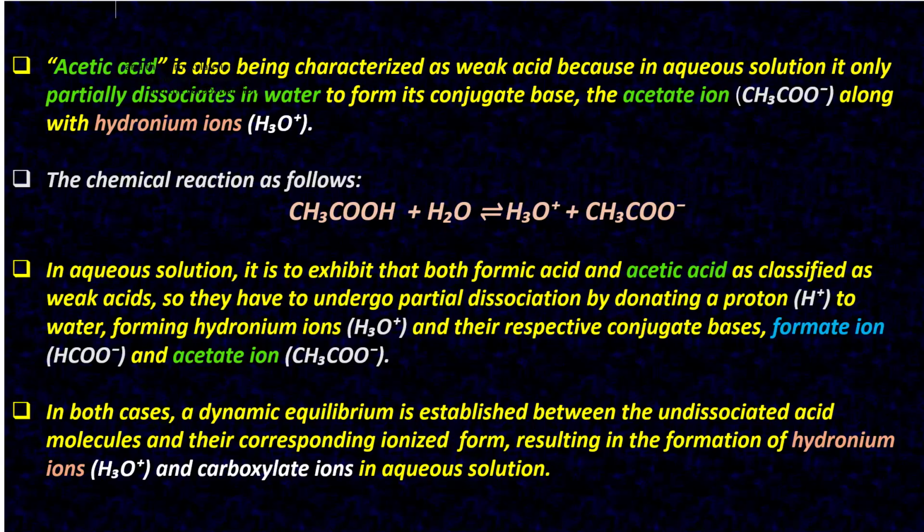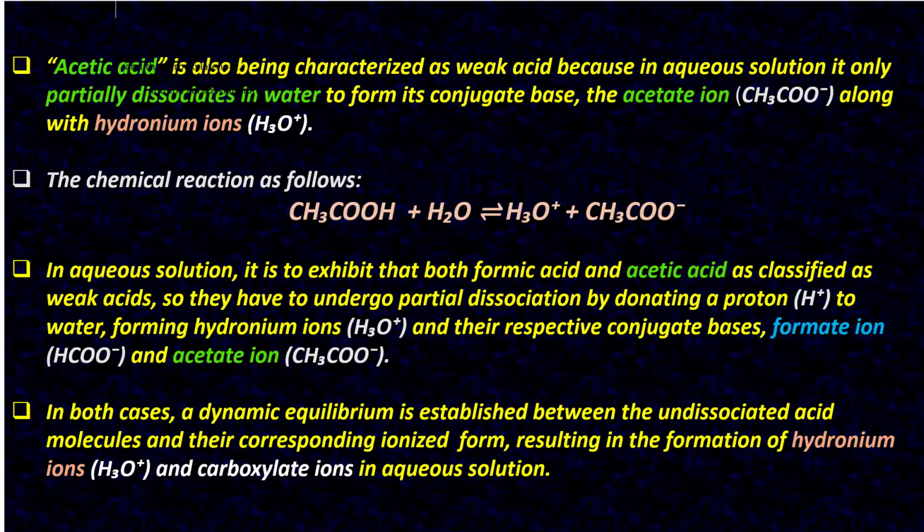In aqueous solution, both formic acid and acetic acid are classified as weak acids, so they undergo partial dissociation by donating a proton, that is H plus, to water, forming hydronium ions H3O plus and their respective conjugate bases, formate ion and acetate ion.